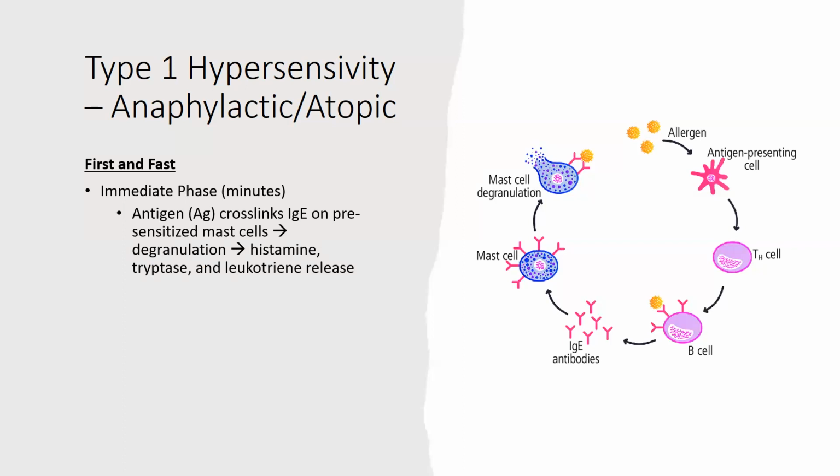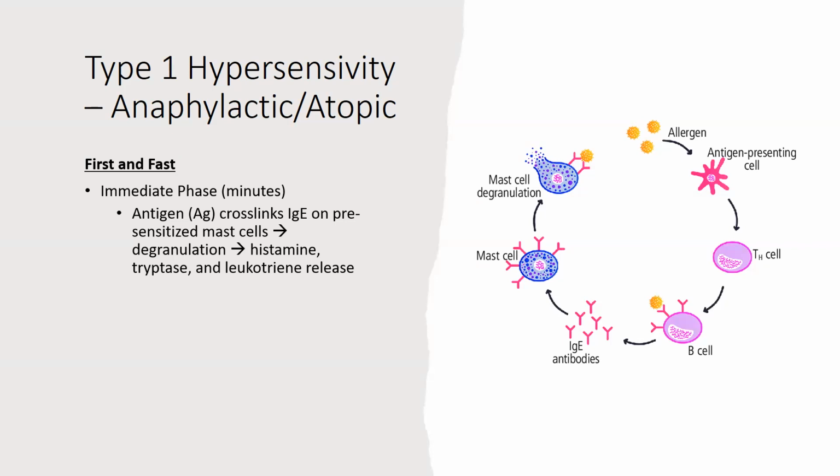There are 2 phases. The immediate phase happens in minutes, and then there's a prolonged phase for type 1 hypersensitivity. The antigen will cross-link or bind to immunoglobulin IgE on pre-sensitized mast cells. This means the mast cells have identified this antigen, they know it, and they're ready, right? This is why the first time, if you have a peanut allergy, you would not necessarily have an anaphylactic response.